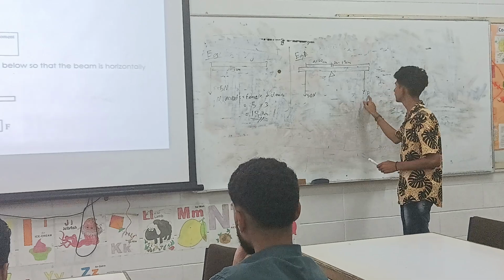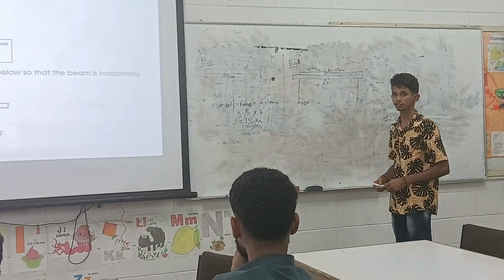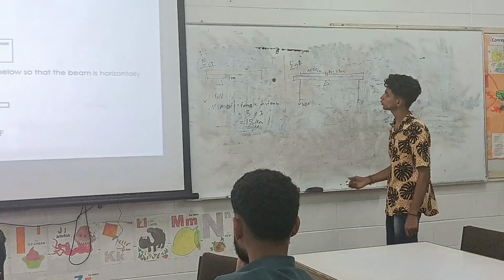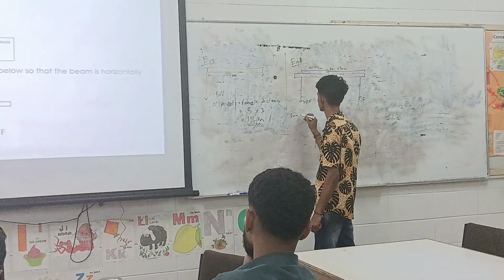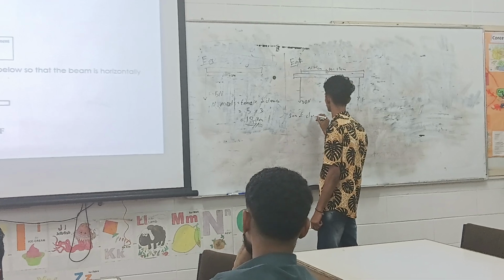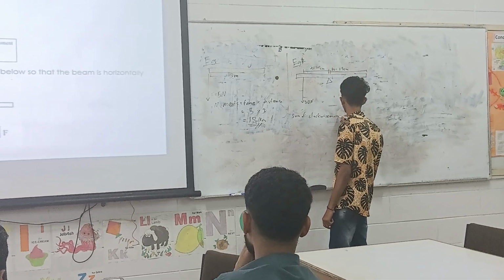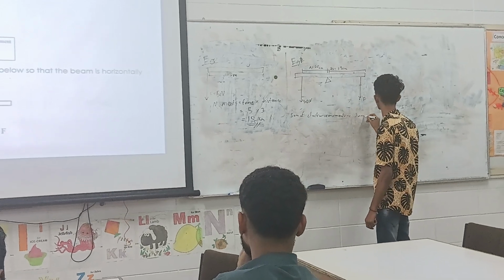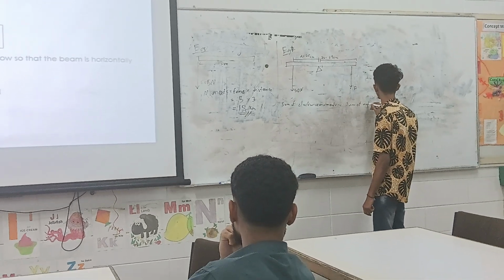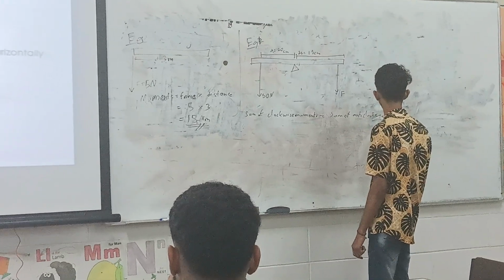So we have to find what's the force applied here, so that the beam is horizontally balanced. So we have to use the same formula, sum of clockwise moments equals sum of anti-clockwise moments.